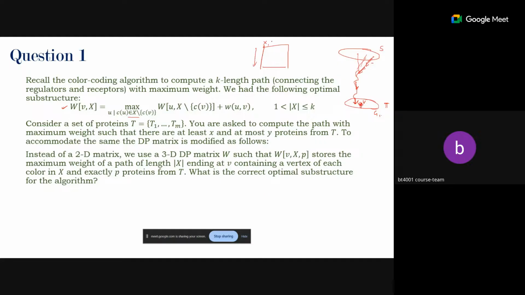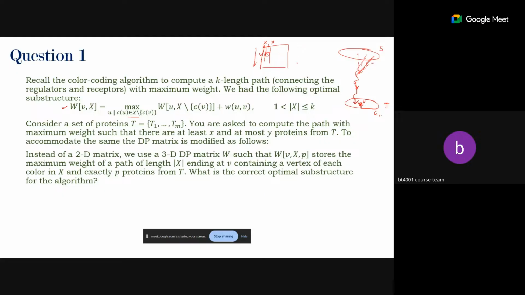The algorithm was that we used colors to color every node in the network, and then every possible subset of the colors, of size at most k, formed the columns in this DP matrix. We computed the maximum weight of a path to this V using this set of colors and stored it in the DP matrix.